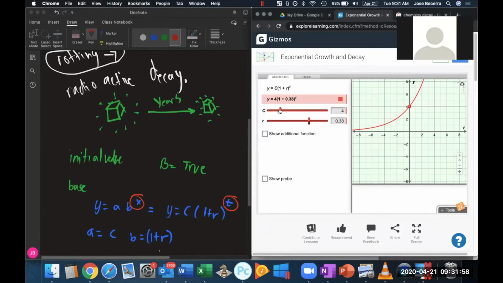So if c is greater than 0, like let's say 1, and r is greater than 0, then my graph will only have a positive y value. Is that true, guys? Is there any way that I can make this have a negative y value by moving around my r or moving around my c? No.